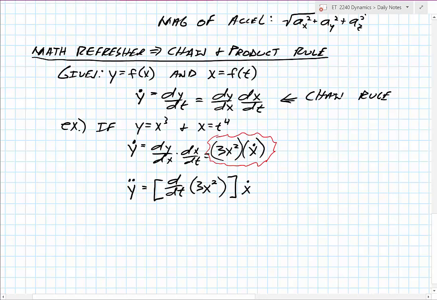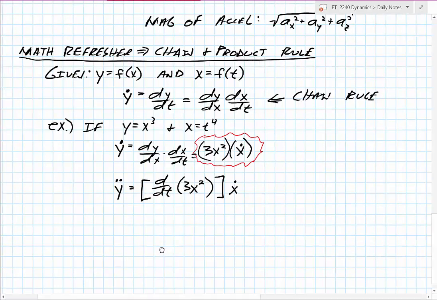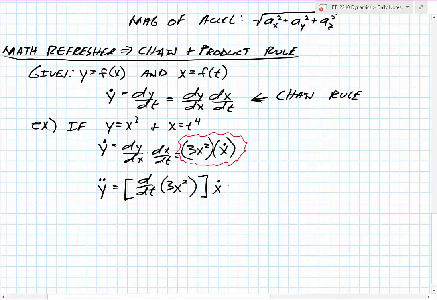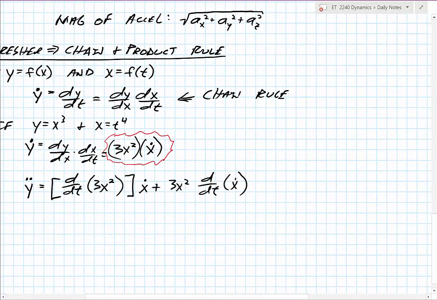Well, I take the derivative of the first times the second. So that's what I just did: derivative of 3x squared times the second. I'm writing the whole thing out. Normally I wouldn't do this, but we're going slow with this refresher. Plus the first, which is 3x squared, times the derivative of the second. So that'd be the derivative with respect to time of x dot. And this whole idea of breaking it apart into these two different parts is called our product rule.